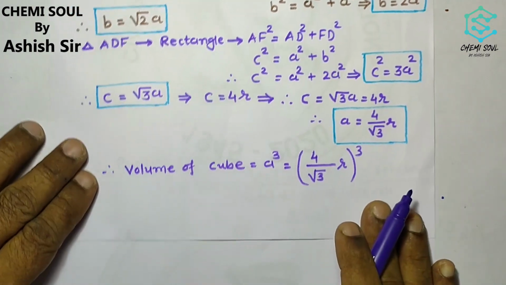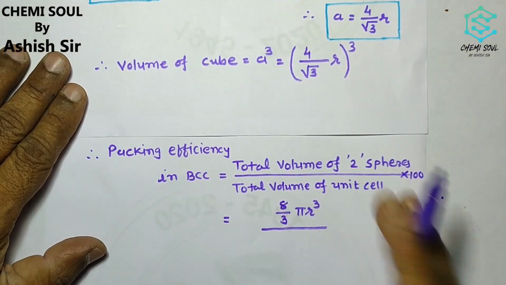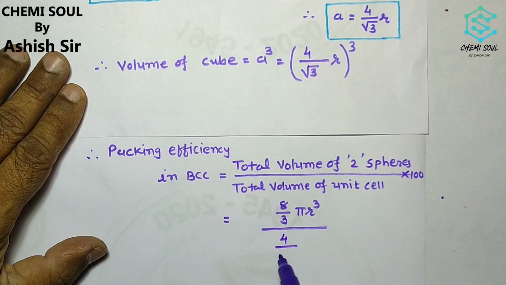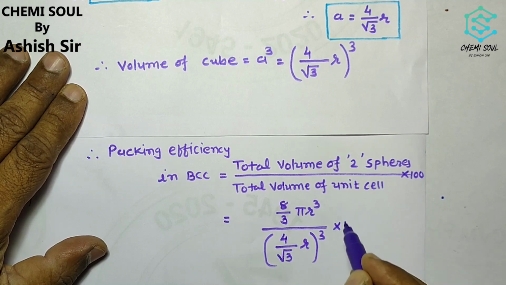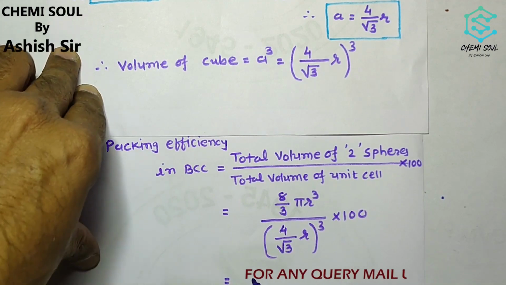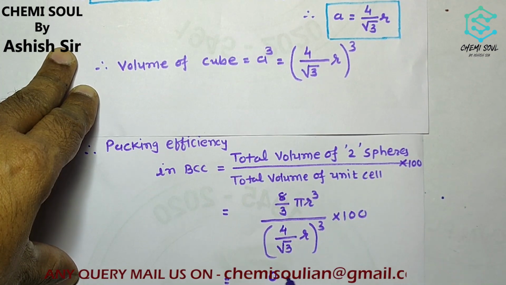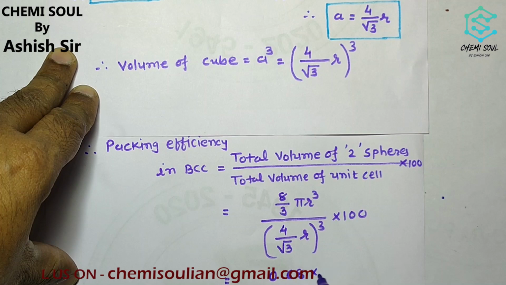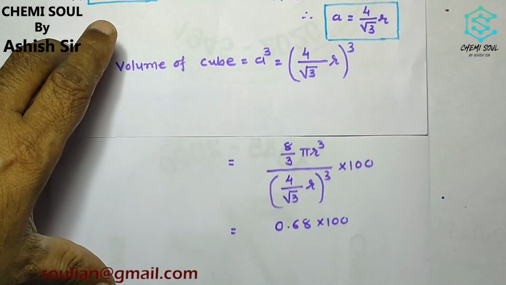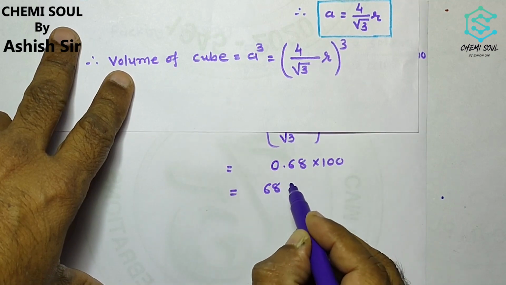So we put the value of a cube in this formula: 4 upon root 3 r whole cube, multiplied by 100. If we put the value of pi as 22 by 7, then the total value of this section will be 0.68 multiplied by 100. So it will be 68%.